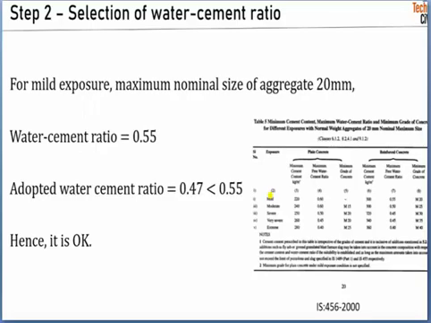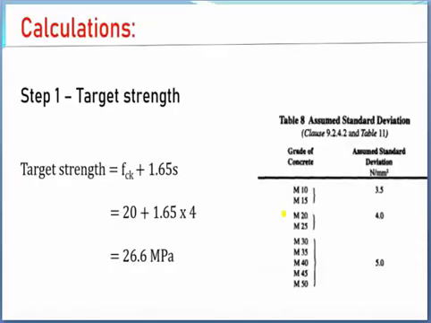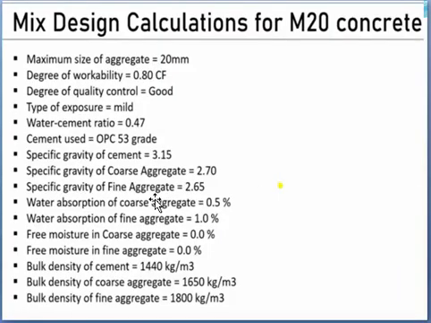So the adopted water cement ratio is equal to 0.47. Students, in the question, in the example, we have been given that we have to adopt the water cement ratio of 0.47. So you can see this question, water cement ratio, it is 0.47.